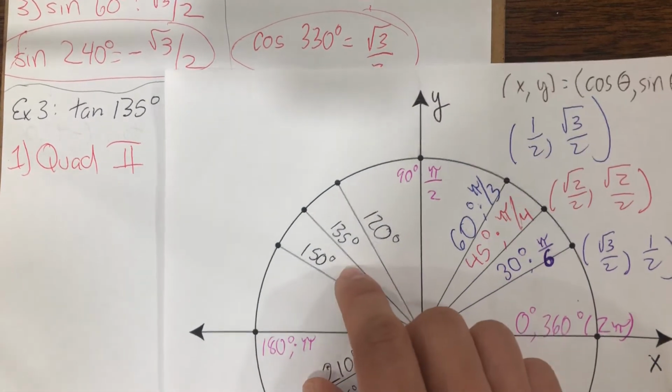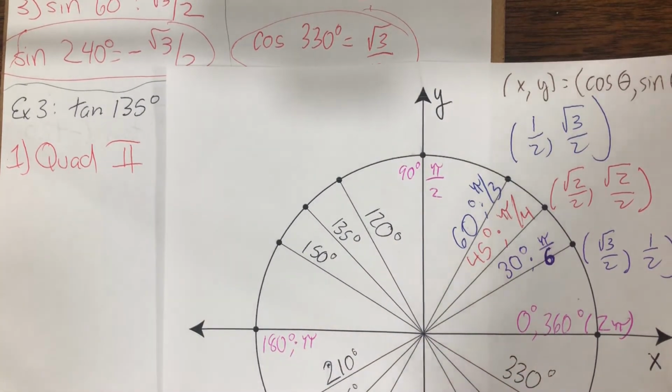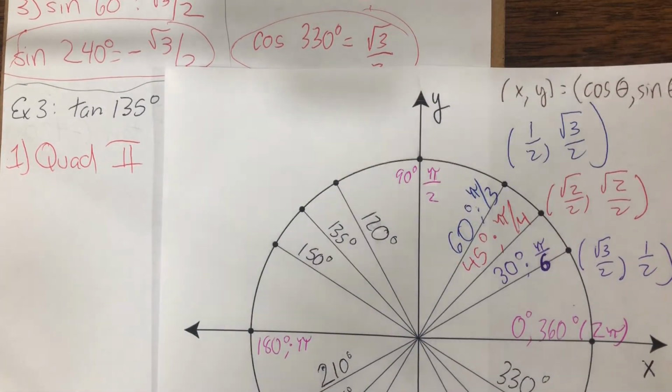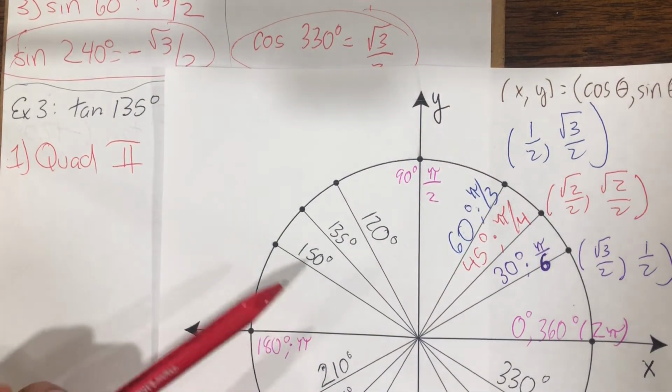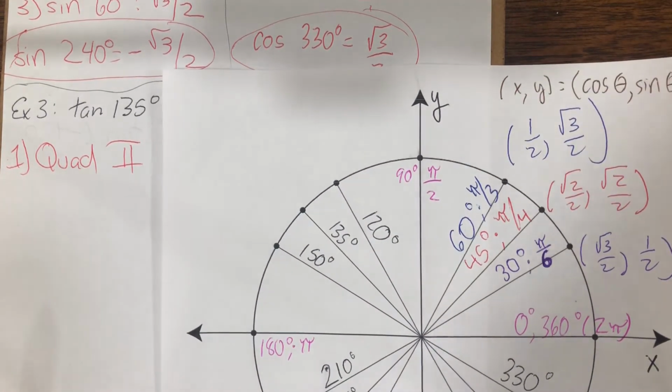We see that 135 degrees is approaching 180 degrees. Now remember, when we're referring to reference angles, the reference angle is created by the terminal side of theta and the nearest part of the x-axis. Not the y-axis, but the x-axis.